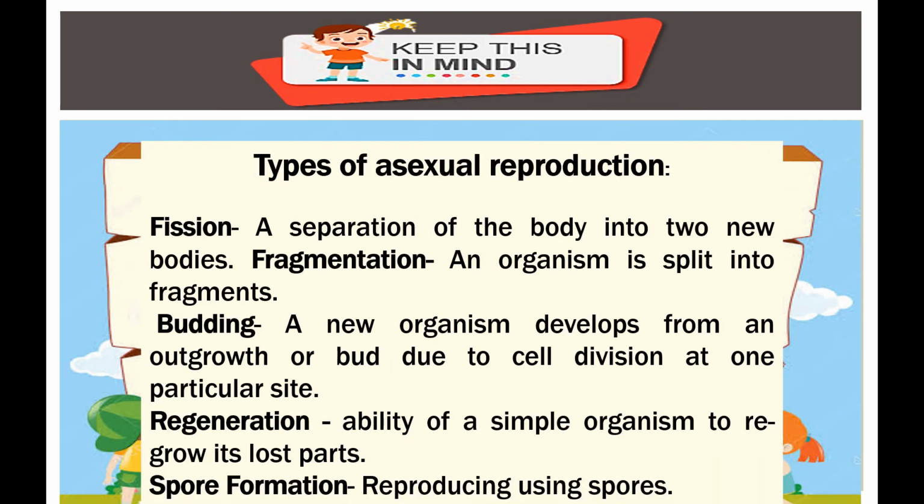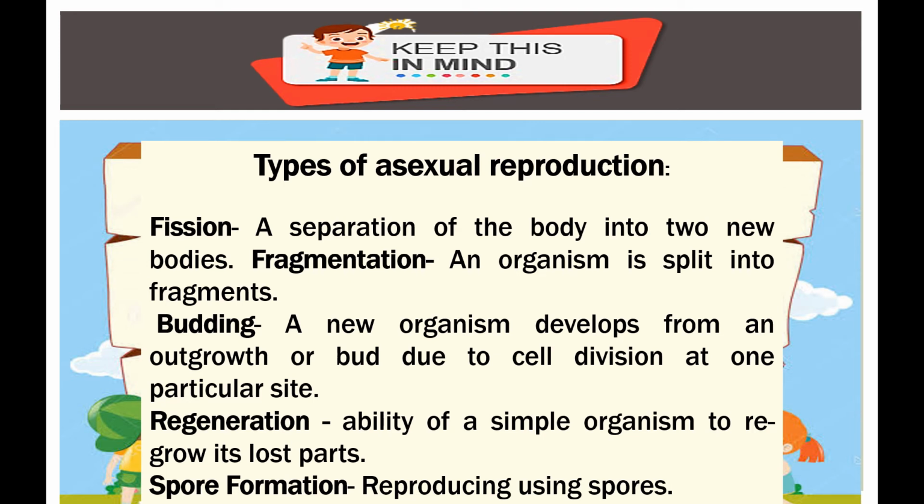Types of asexual reproduction. We have fission, a separation of the body into new bodies. Fragmentation, an organism is split into fragments.